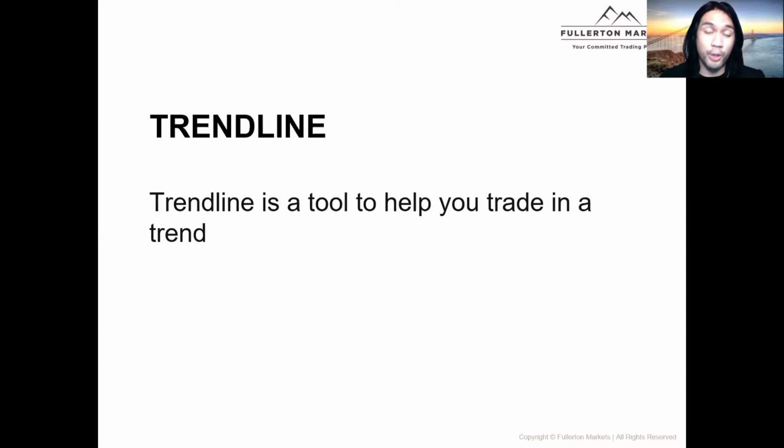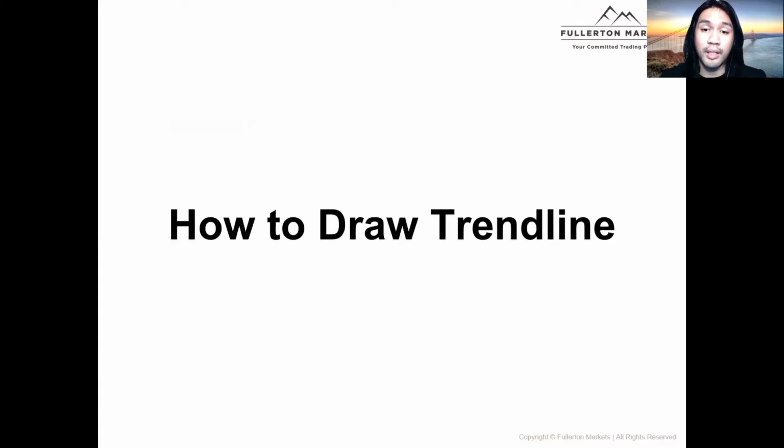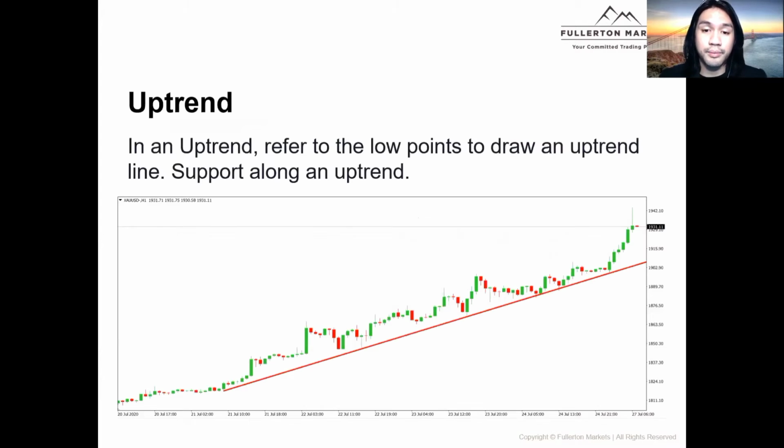Okay, so let me show you the first application of drawing trend lines. So ladies and gentlemen, this is a trend line. As you can see, we are looking at the gold chart, and the trend line here is this red diagonal line that is ascending upwards. This is known as an uptrend. Why?